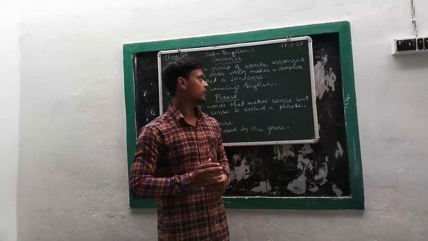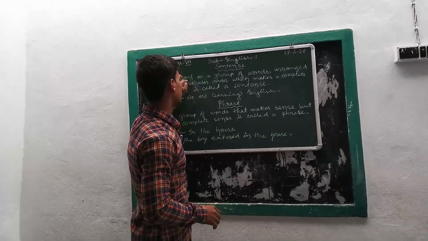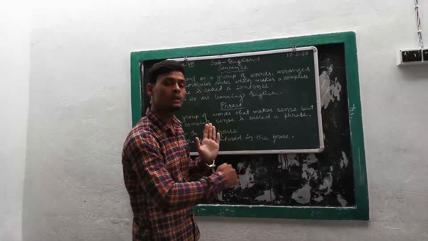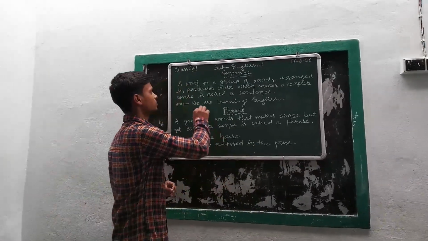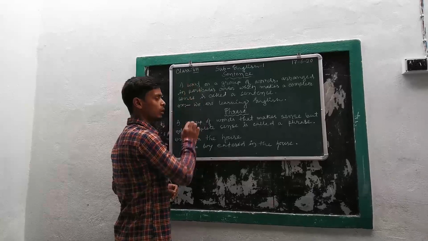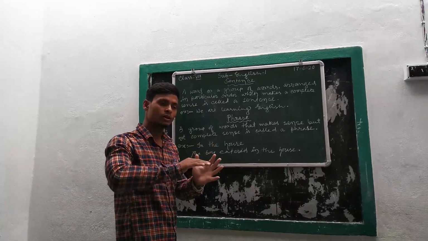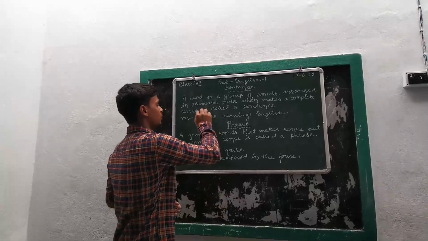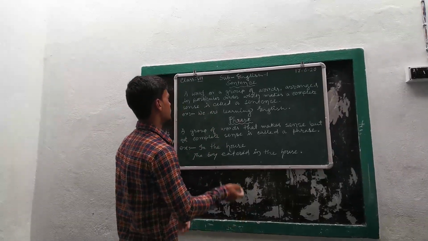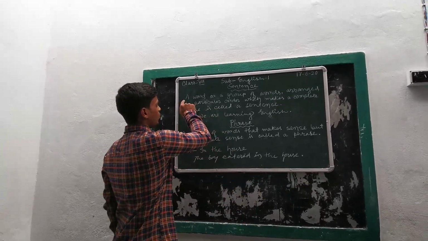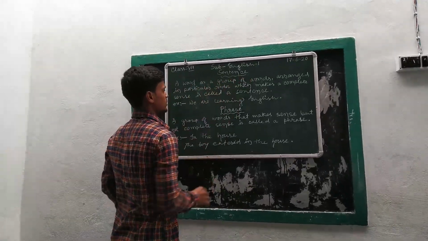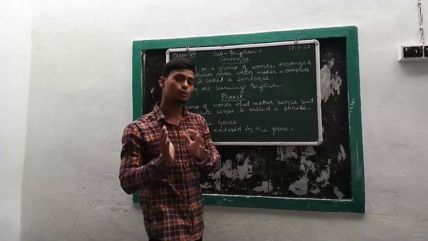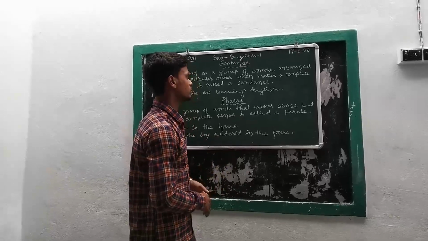So the first thing, you have to take a word or you can take more than one word also, because one word can make a sentence but not a complete and beautiful sentence. For making a beautiful sentence, you have to take more than one word. A word or a group of words. That means you can take a group of words also.